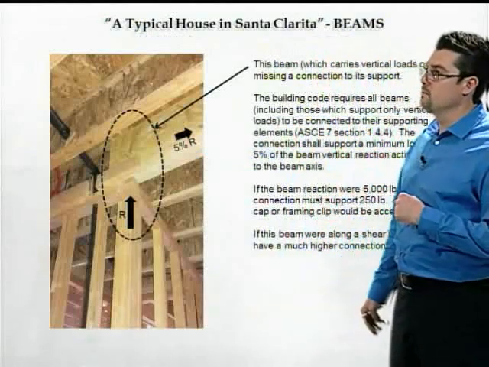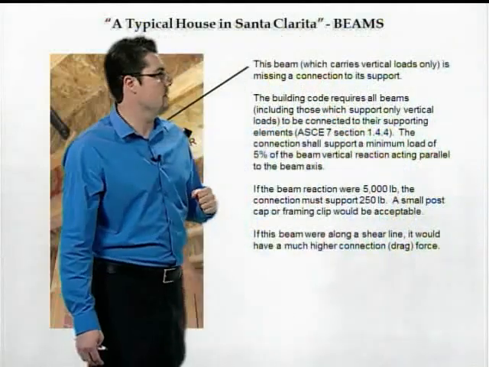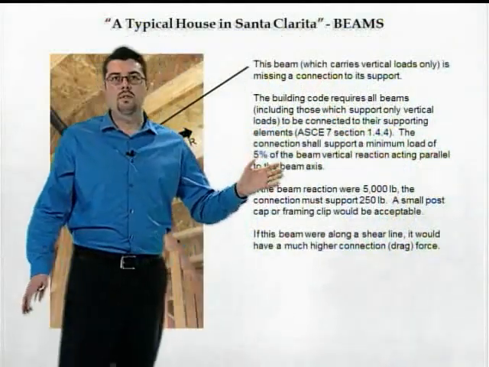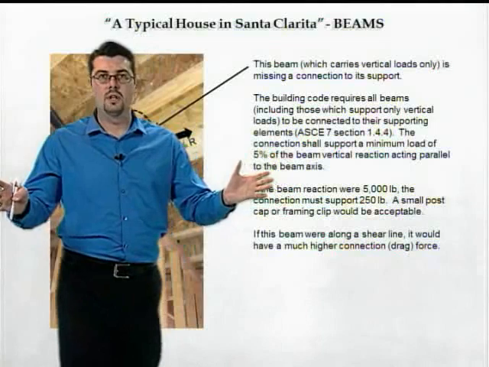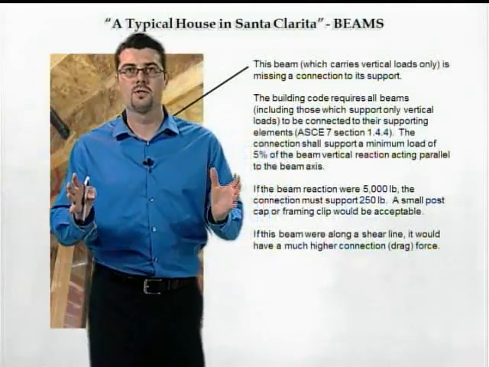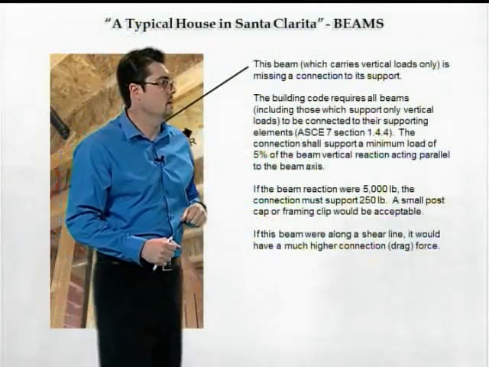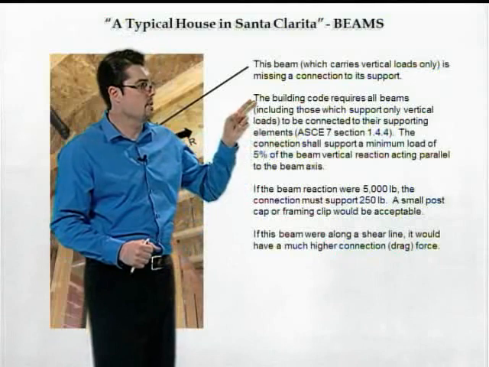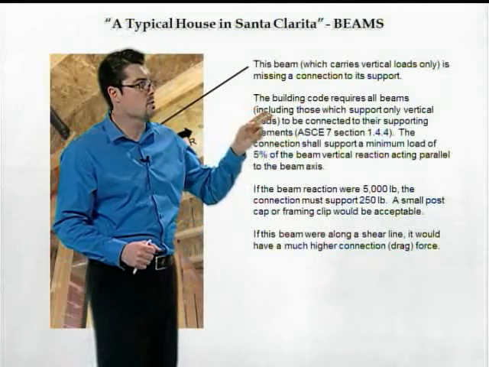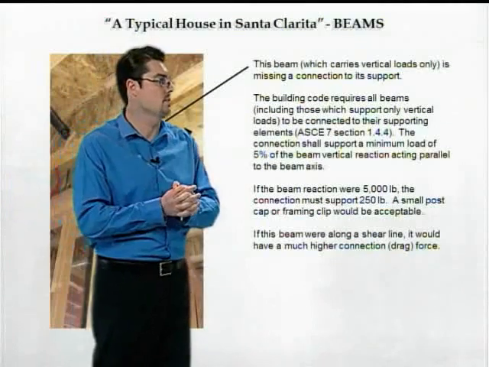Okay, still on beams. One thing that's important to note is that all beams, regardless of what purpose they serve in a structure, have to be positively connected to their supports. And this is something that unfortunately we see done wrong a lot. You can see here, the building code requires the beams, even those beams which support only vertical loads, to be connected to their supporting elements.